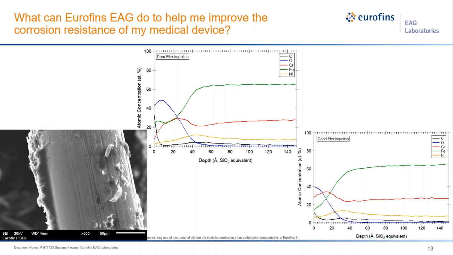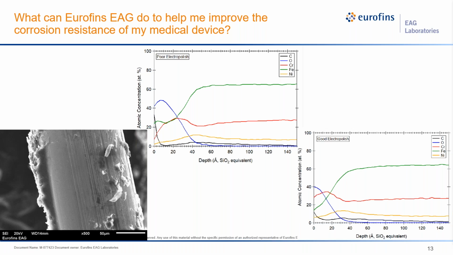Eurofins EAG Lab can further characterize the surface of the medical device by using a scanning electron microscope, SEM, with energy dispersive spectroscopy, EDS, to capture images of the surface before and after corrosion testing at magnifications well above 200x. This will reveal tool marks, microcracks, and any surface defects from insufficient electropolishing and other manufacturing techniques.